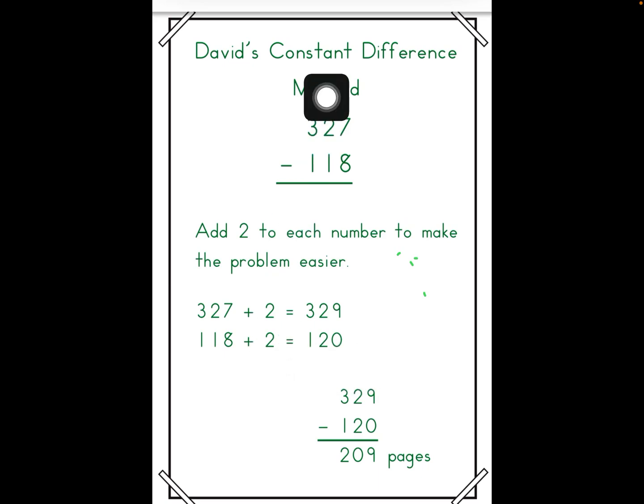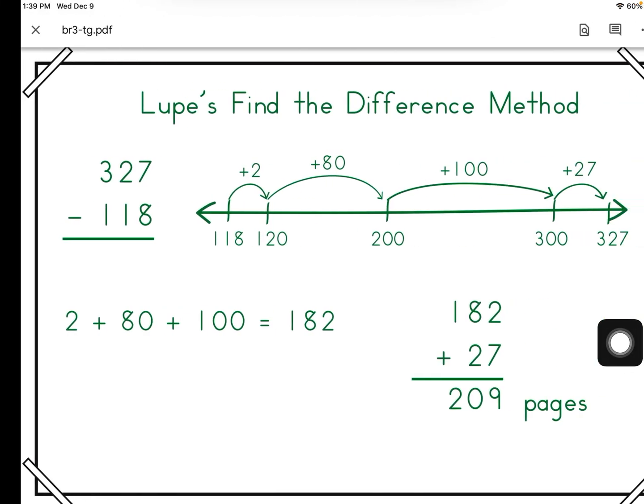And because of the constant difference method, we add 2 to each number. Then this equation, 329 minus 120, is easier to solve. We have 300 minus 100 is 200, 20 minus 20 is 0, and 9 minus 0 is 9. So David got the correct answer there of 209. Let's take a look at the next one.